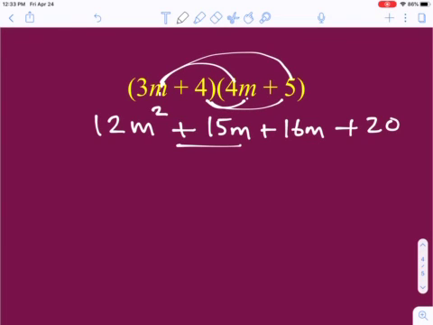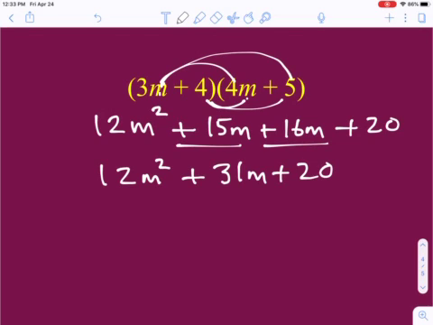And so let's combine our like terms. We got 12m squared plus, 15 plus 16, and I can combine these because the m's are the same variable and have the same degree exponent. So 31m plus 20.